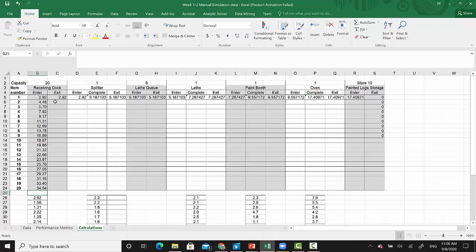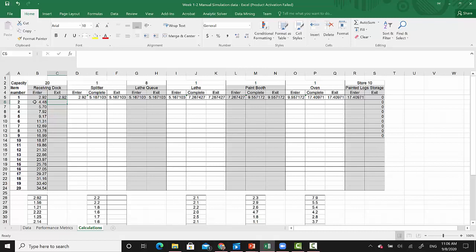Now let's look at this exit time. If we think about the second item, when can it exit the receiving dock? It can't exit the receiving dock before it arrives, right? It has to arrive at the receiving dock first before it can exit. At the same time, it cannot exit unless the splitter is free, unless the splitter has capacity for it to enter. So there are two numbers that we need to look at and compare.